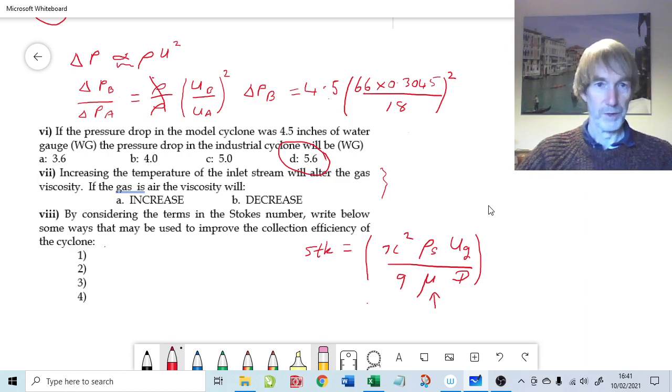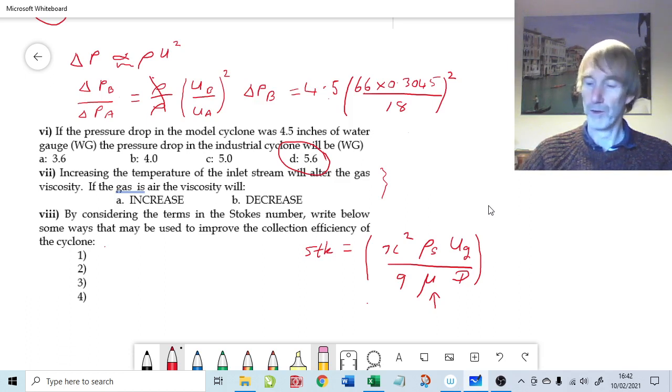Hence the question asks, does the air viscosity increase or decrease as you increase temperature? Now, gas is a fluid just like water. Water, we know the viscosity decreases as you increase the temperature. But hold on a minute, gas is very different from water.